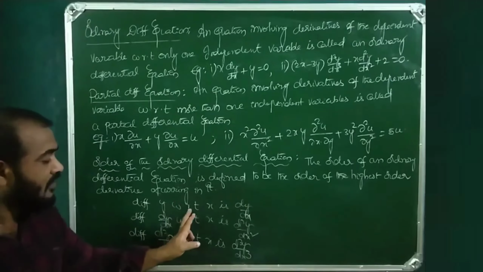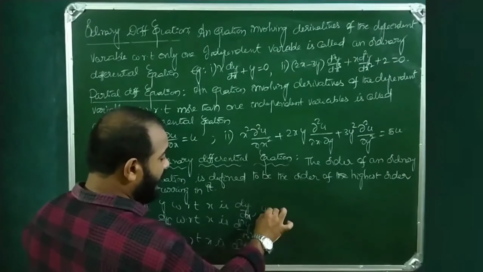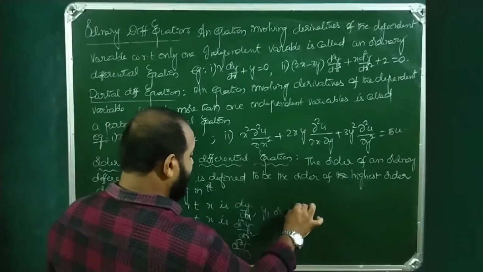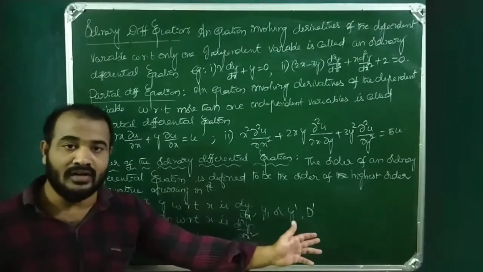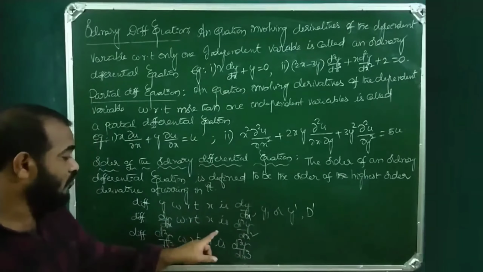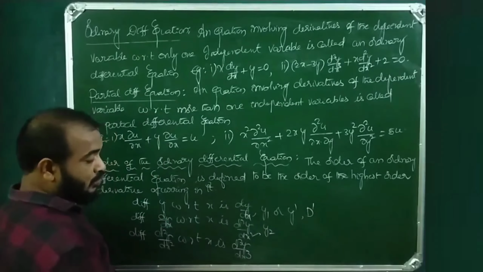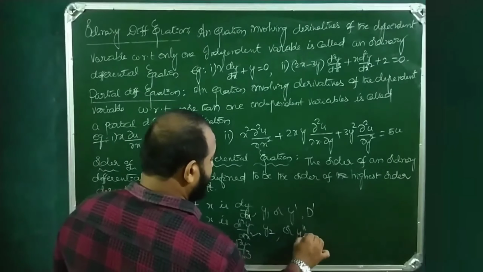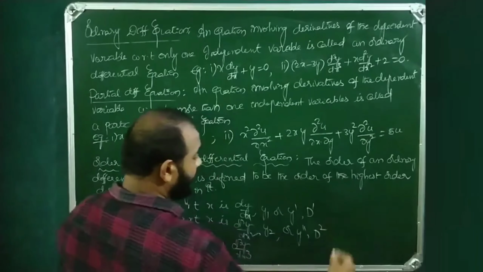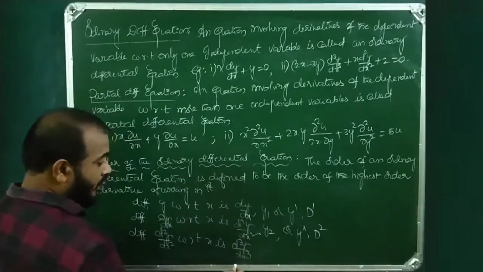Differentiating y with respect to x, dy by dx, is also termed as y1 or y dash or simply D dash. This is what we have learned last year. Now d square y by dx square can be termed as y2 or y double dash or D square.